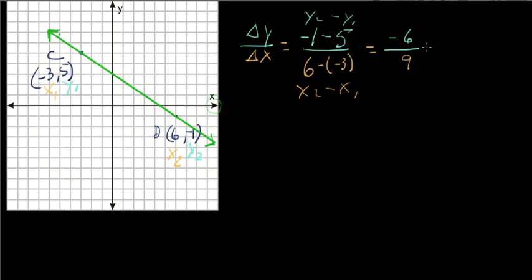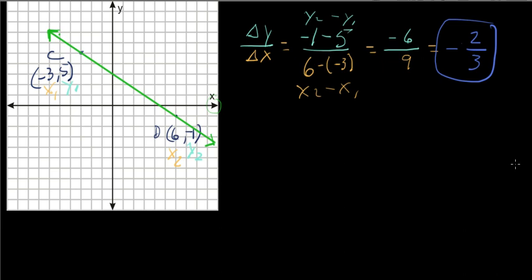Now you don't have a negative over a negative here. You don't have a positive over a positive. You got a negative over a positive, and that equals, we reduce that. That's a negative 2 over 3. Okay, because 3 goes into 6 2 times, 3 goes into 9 3 times. So you got a negative 2/3 for a slope.